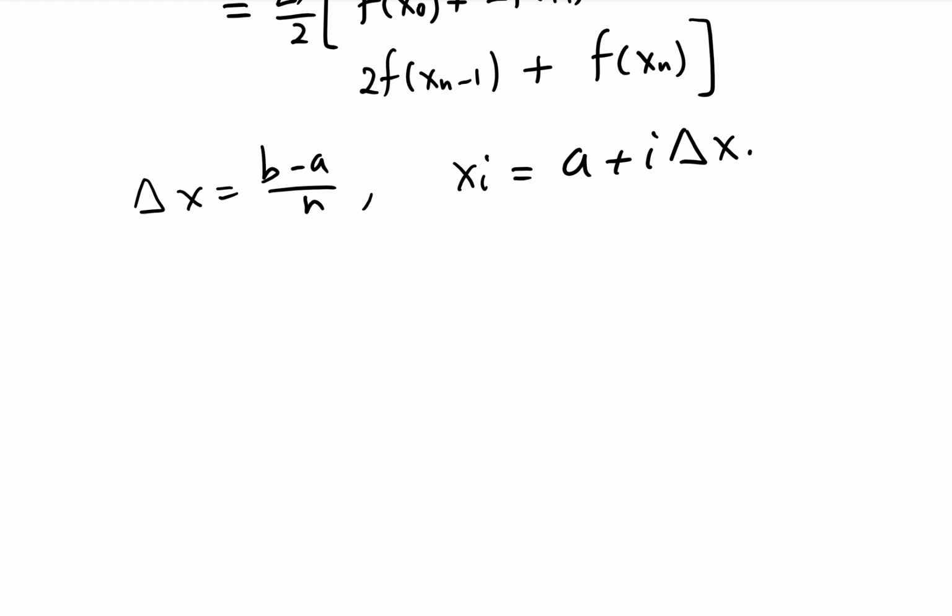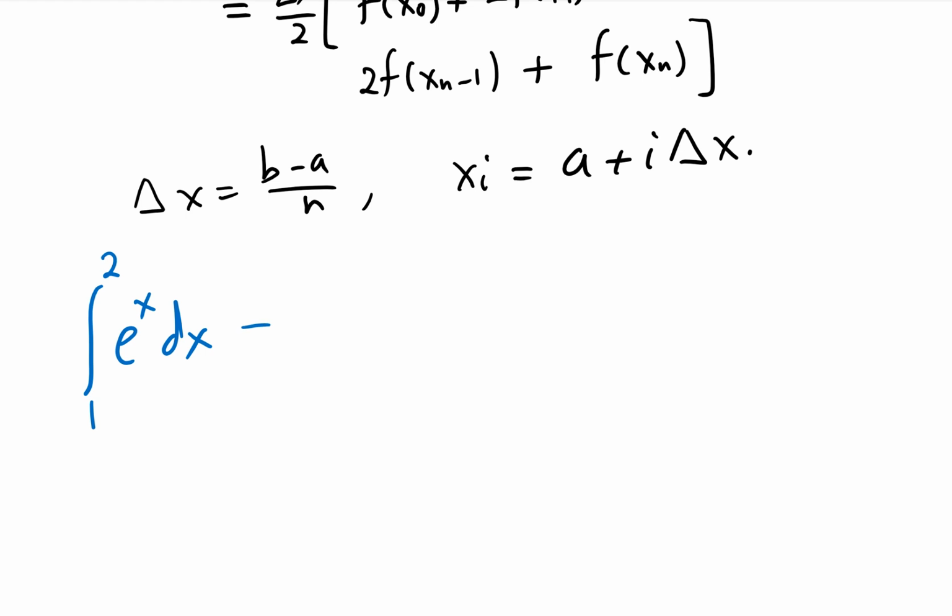Now, the example I'm going to choose is not an impossible example, although I would prefer that. But for simplicity, let's take something really simple. So how about we try to integrate e to the x dx from 1 to 2?